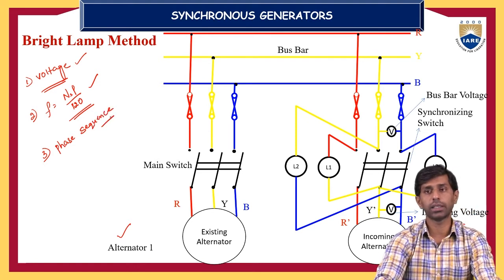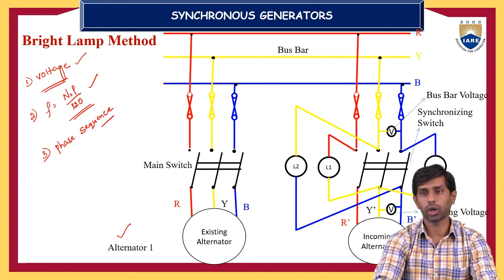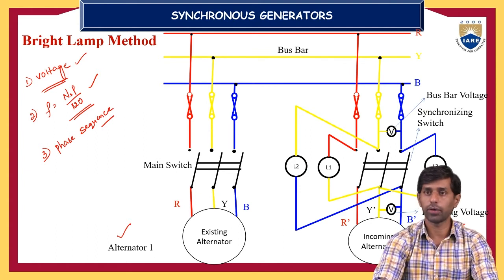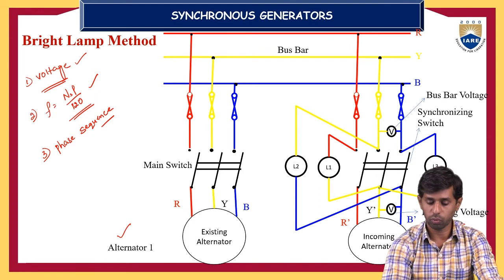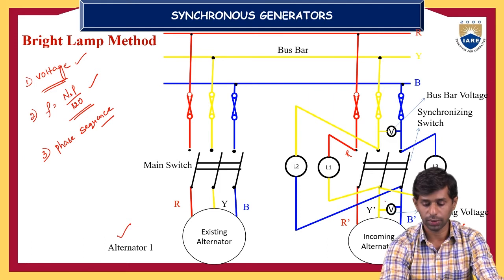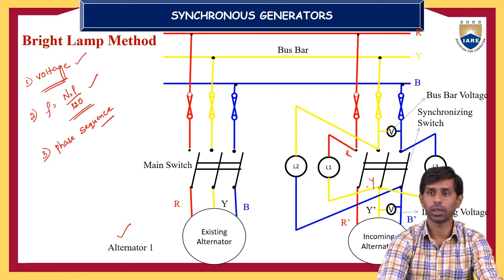The third one is the phase sequence of the incoming alternator, whether it is equal or not, which you have to check with the help of the lamps. The three lamps are cross connected here because we are choosing the bright lamp method. Lamp 1 has one terminal connected to the R phase of the bus bar, and the other terminal connected to the Y phase of the alternator.